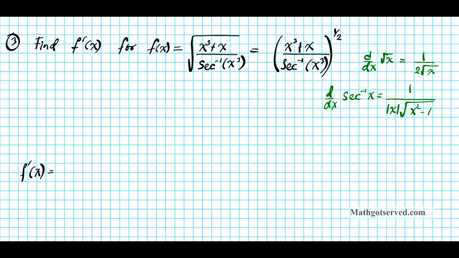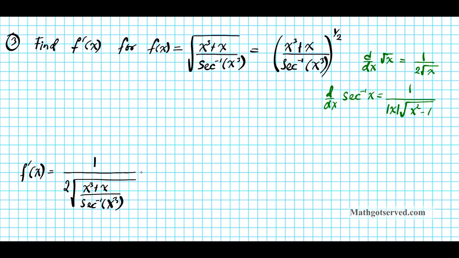If I apply that here, I'm going to have 1 over 2 root u, but u is this entire argument of the radical function, so 2 root x to the third plus x divided by the arcsecant of x to the third.